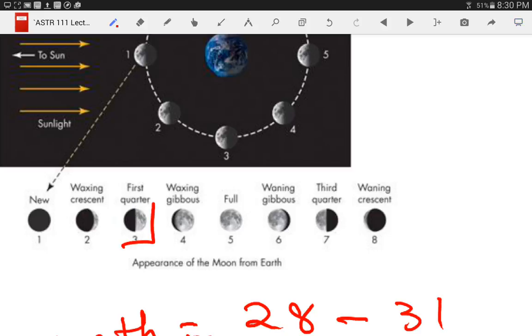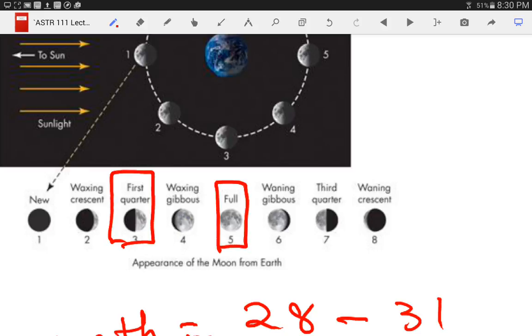Then you get to first quarter. So first quarter, you're a quarter of the way through the full lunar cycle. That's why it's called first quarter. But it's a half moon. It can be confusing if you don't think about what the name means. You say first quarter. Well, how can that be half if it's quarter? Because a full moon is halfway through the cycle.